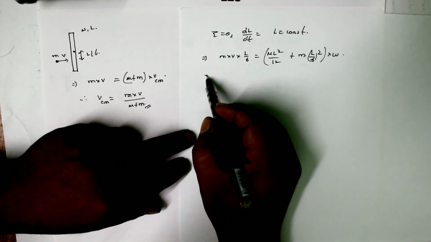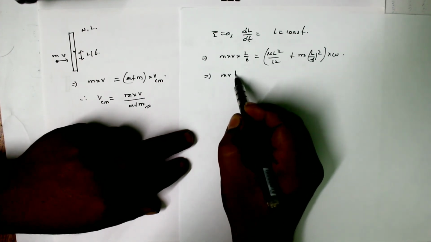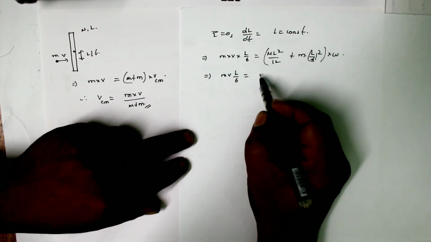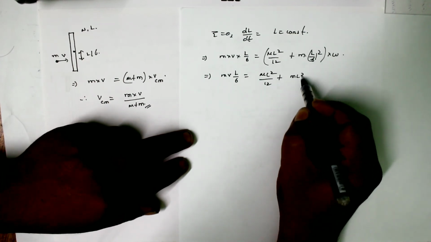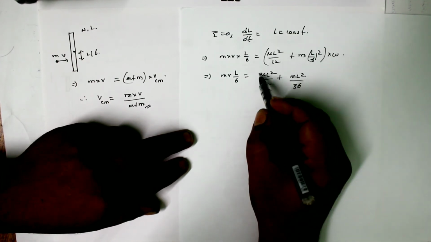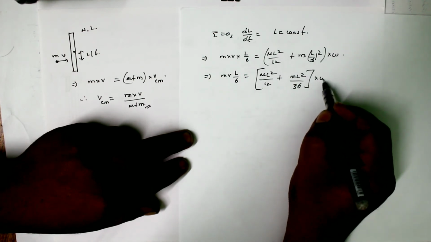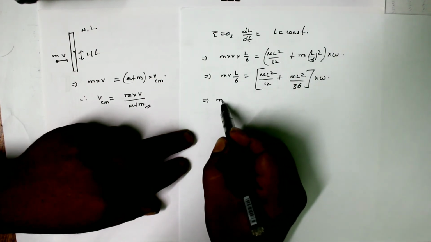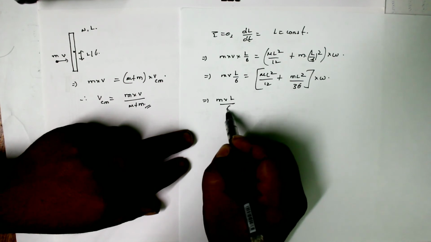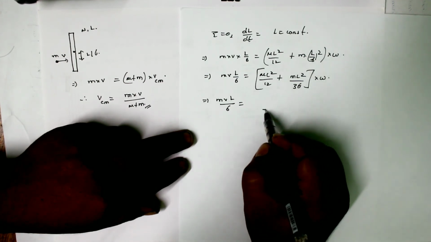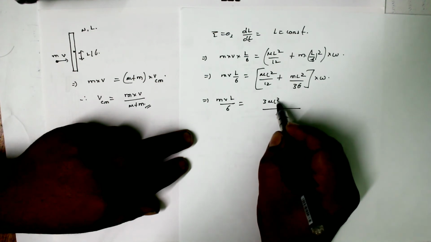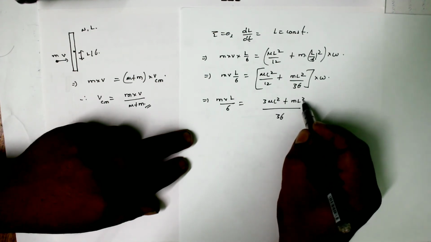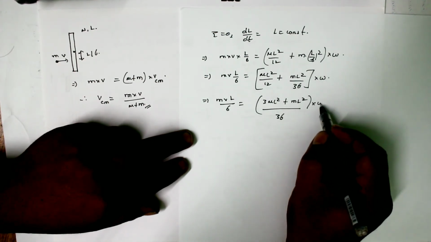Therefore mvL divided by 6 is equal to mL square by 12 plus mL square divided by 36, into omega. Now if I take the LCM, that is 36, we get 3mL square plus mL square, into omega.